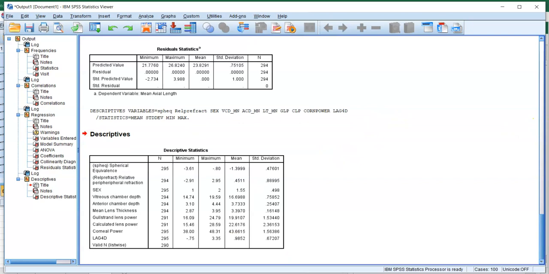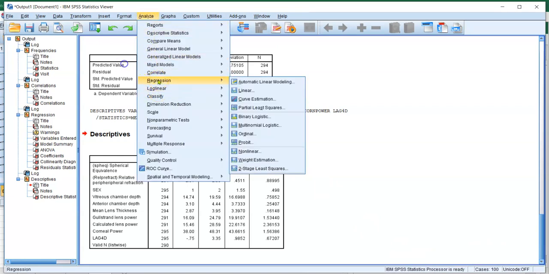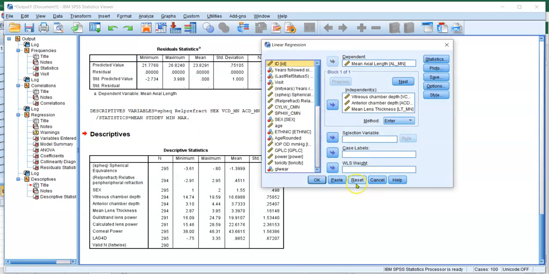Okay, the next question is run a regression model with spherical equivalence as the dependent variable. So we have analyze, regression, linear, reset, spherical equivalence as a function of, and we're going to use these variables up here, and we've already put in spherical equivalent as the dependent variable.